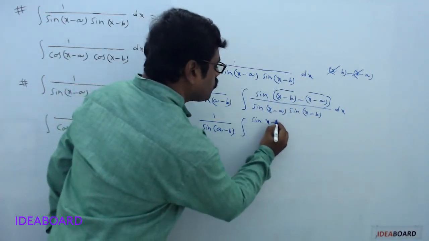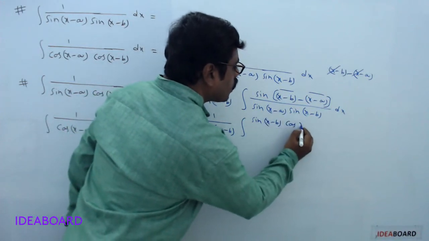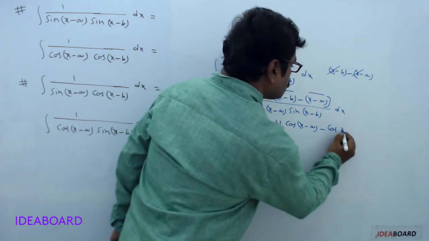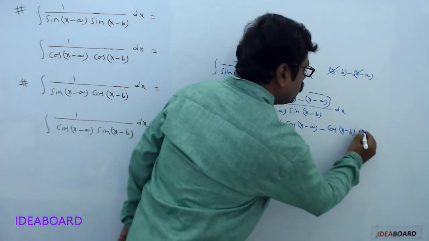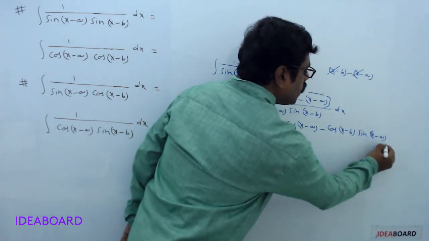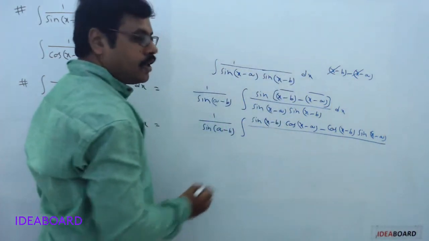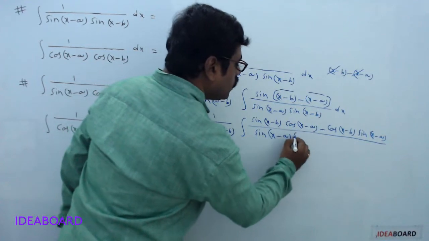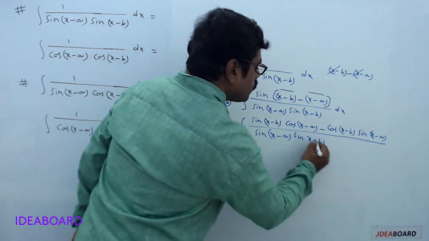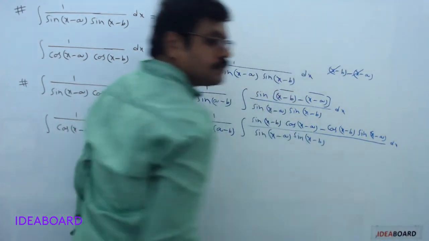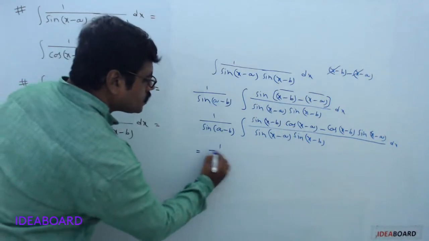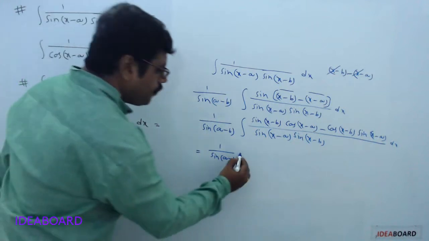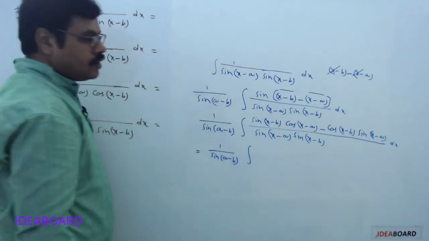So sine of x minus b into cos of x minus a minus cos of x minus b into sine of x minus a divided by, write down the denominator, sine of x minus a into sine of x minus b dx. Now this is 1 divided by sine of a minus b into integral.